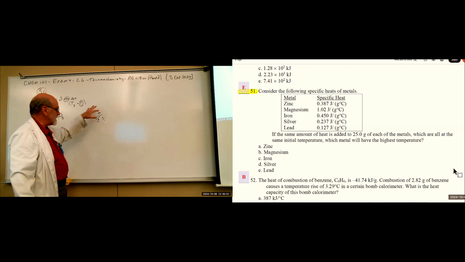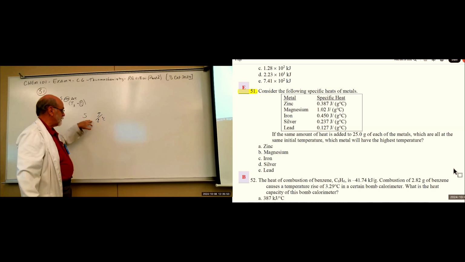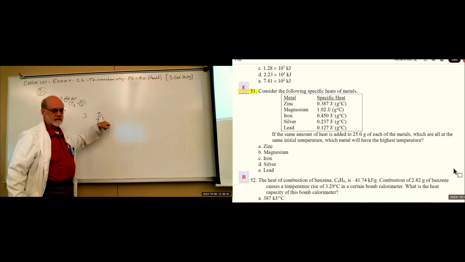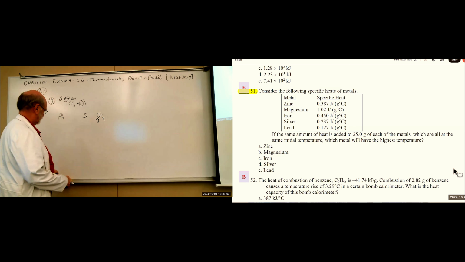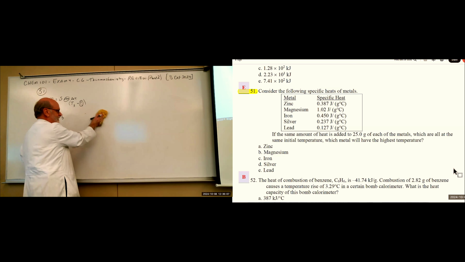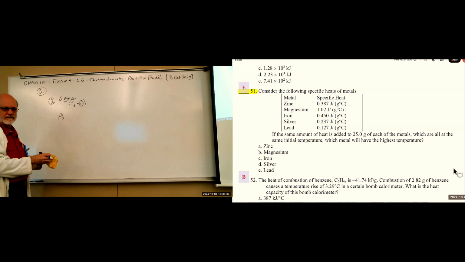So if you have the same amount of heat for each one and the same mass, then the lower value here will give you a higher value there. I like this way better. Makes more sense.